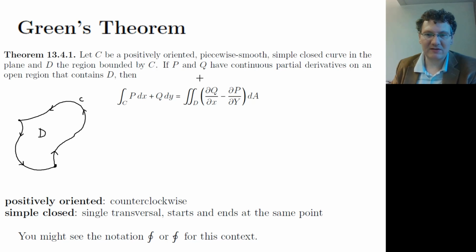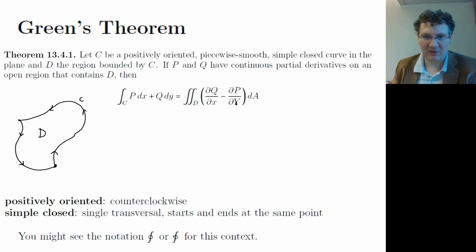So if P and Q have continuous partial derivatives, and P and Q aren't related to C and D, they could be just some functions of x and y. As long as they have continuous partial derivatives on an open region containing D, then the line integral over C of P dx plus Q dy is equal to the double integral over the region D of the partial of Q with respect to x minus the partial of P with respect to y dA.